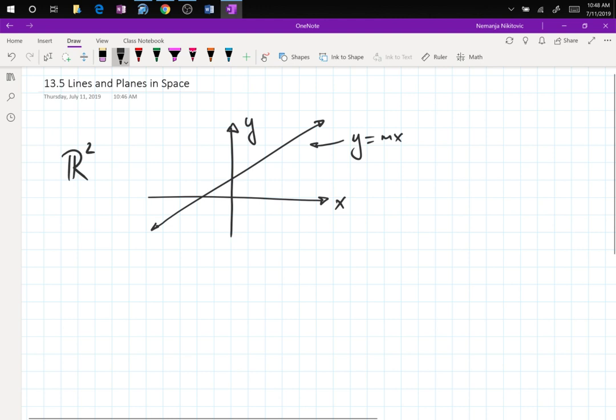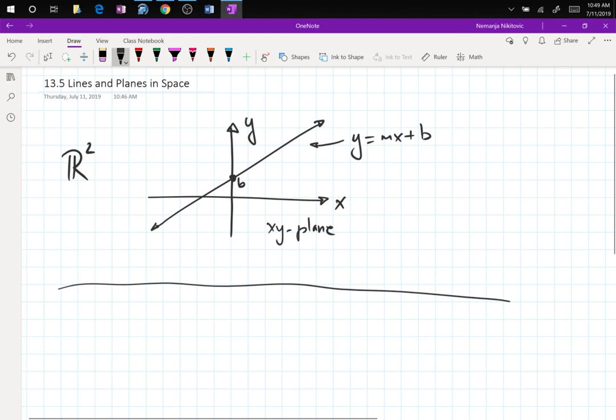It will have a formula where b is the y-intercept. And the whole thing over here would be called the xy plane. So we do have 2D line and plane happening.